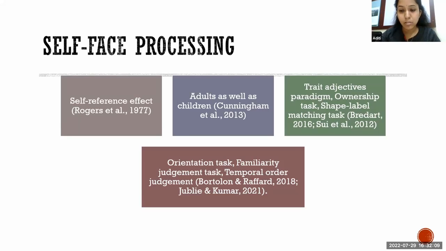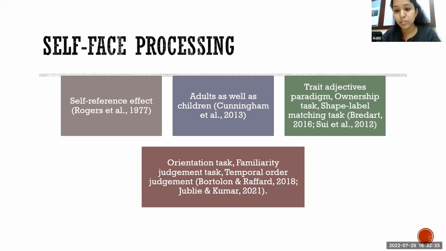Shape label matching tasks have been used to test the effect of newly established self-association with arbitrary shape on perception. Results have shown an advantage in terms of reaction time and accuracy for self-associated pairs, despite contrast reduction, depicting the effect of self-reference on the low-level perceptual processing.